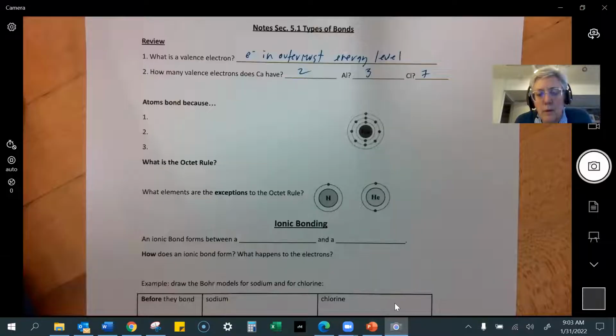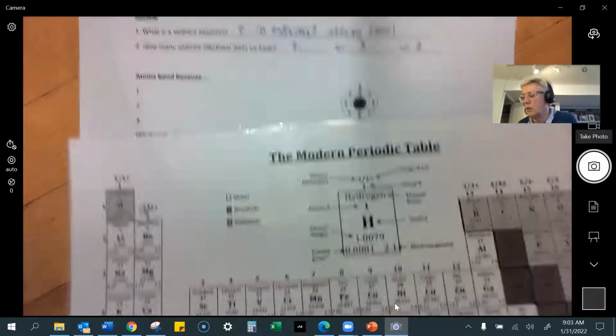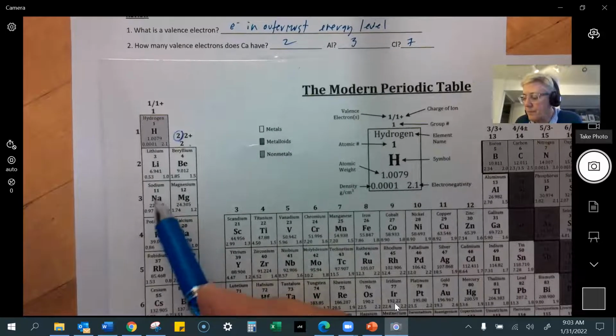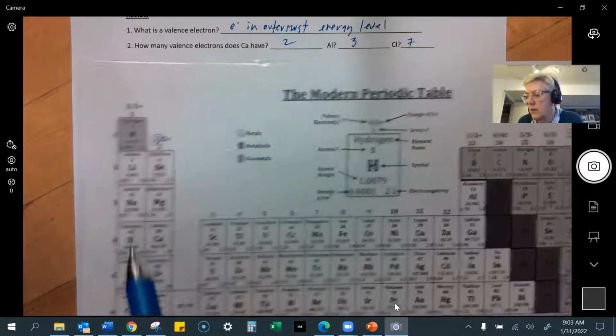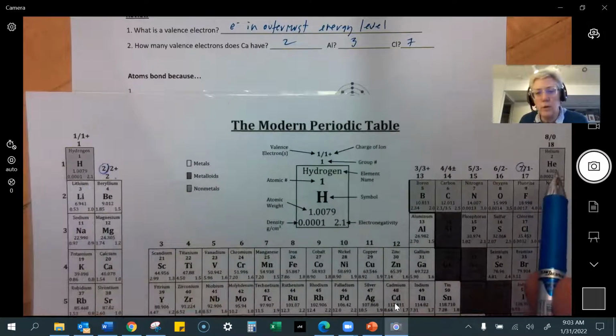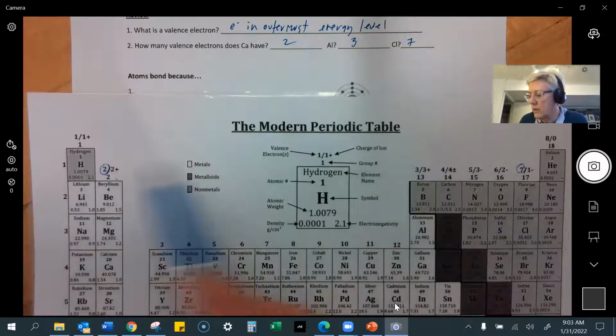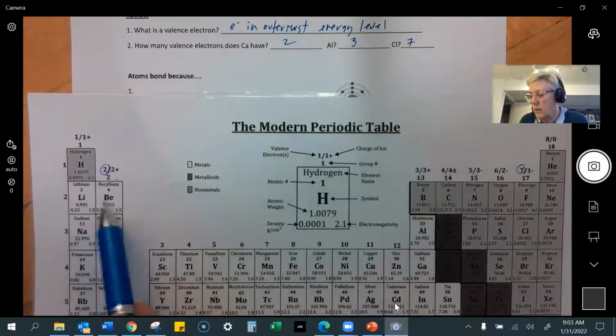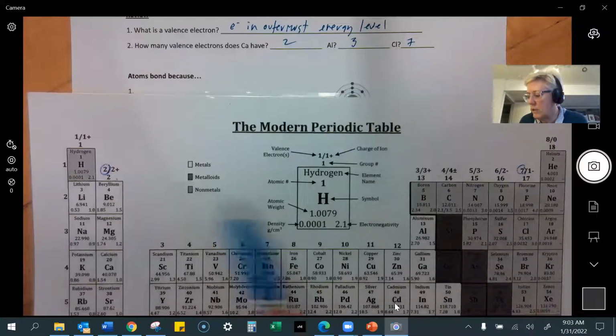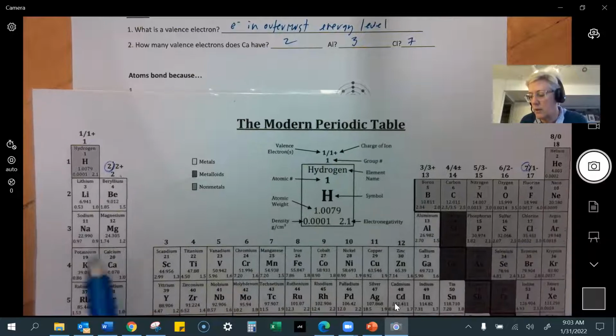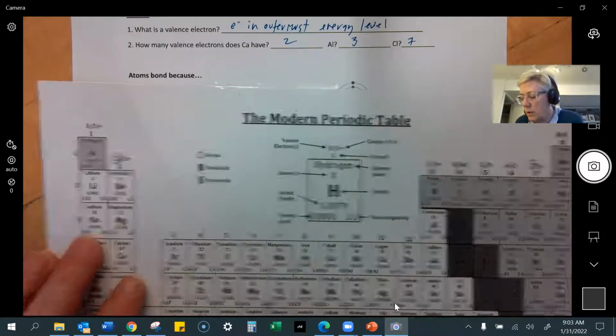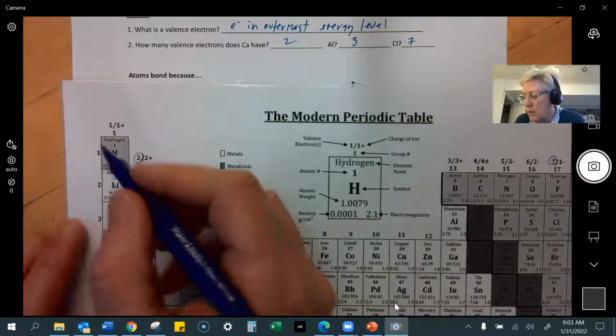So I'm just going to remind you on your periodic table how this works. So here's sodium. It's got 11 protons, and if it's neutral, it has 11 electrons. Okay, and the first row is energy level 1, so that's got 2 electrons. The second row is energy level 2, that's got 8 electrons. And for sodium, the third row, it's right there, that has only 1 more.